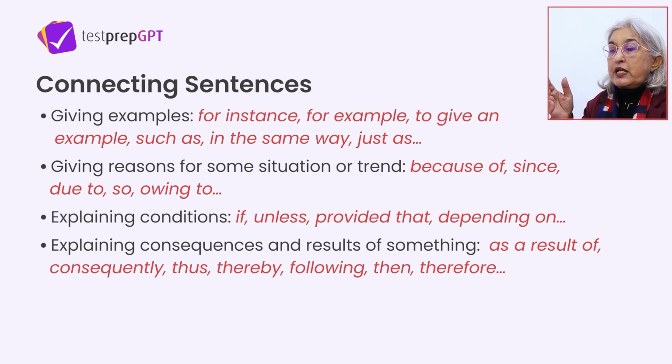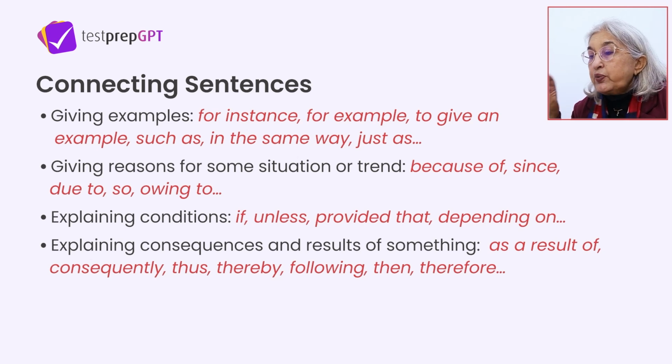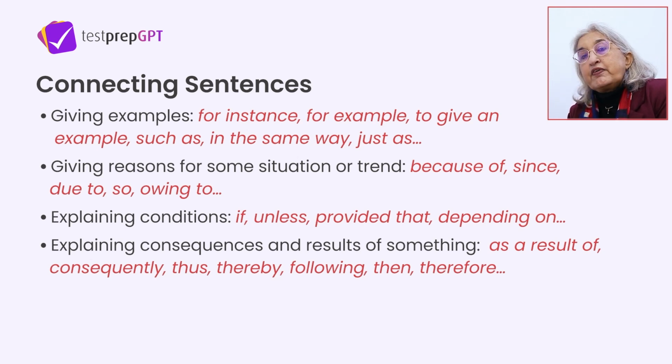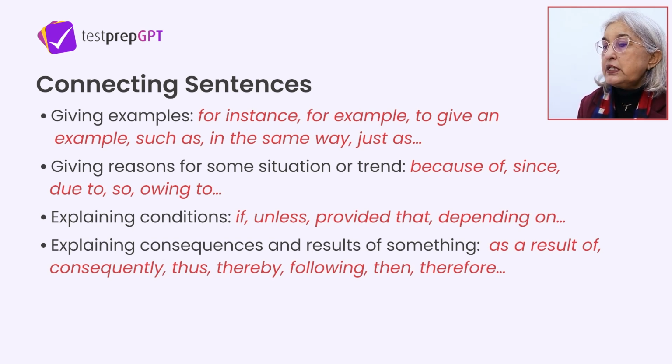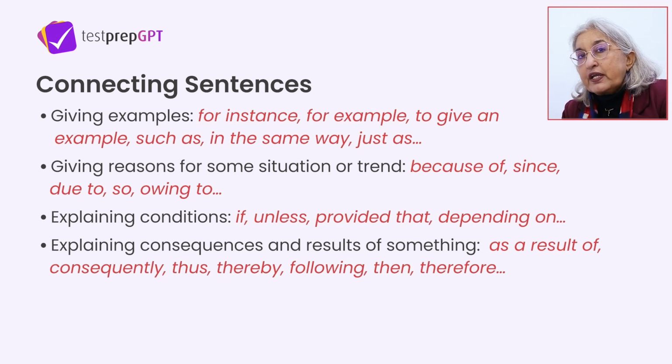So what that means is that you're linking the thing that has happened later with what has happened earlier. So they have some relationship with each other. And what's the relationship? The relationship is that one thing is the cause of the other.